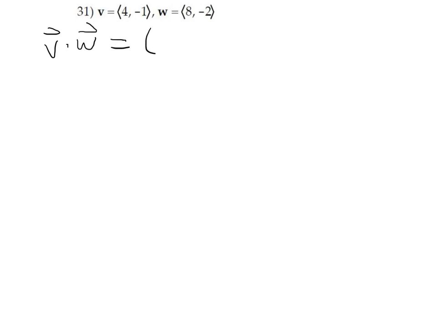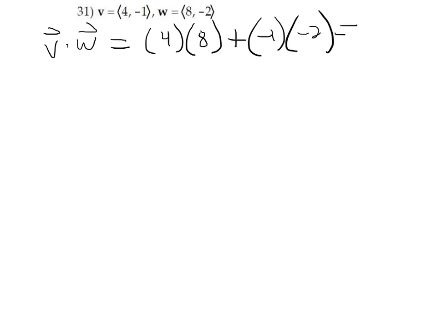The dot product would be the first of v, 4, times the first of w, 8, plus the second of v, negative 1, times the second of w, negative 2. This is 32 plus 2, so we have 34. Now had that been 0, we'd know they're perpendicular. So what we know now is they're not perpendicular.